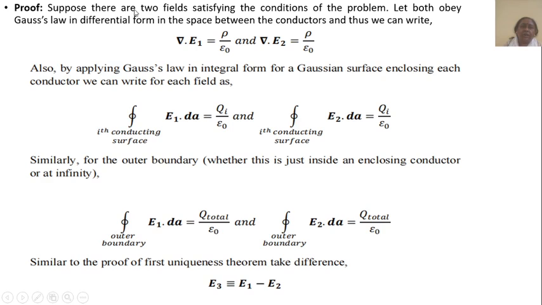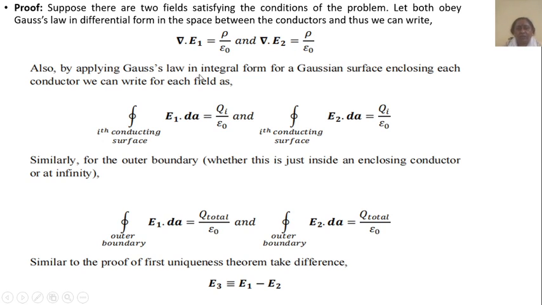Suppose there are two fields satisfying the conditions of the problem. Let both obey Gauss's law in differential form in the space between the conductors, and thus we can write del dot E1 equal to rho upon epsilon 0 and del dot E2 equal to rho upon epsilon 0.